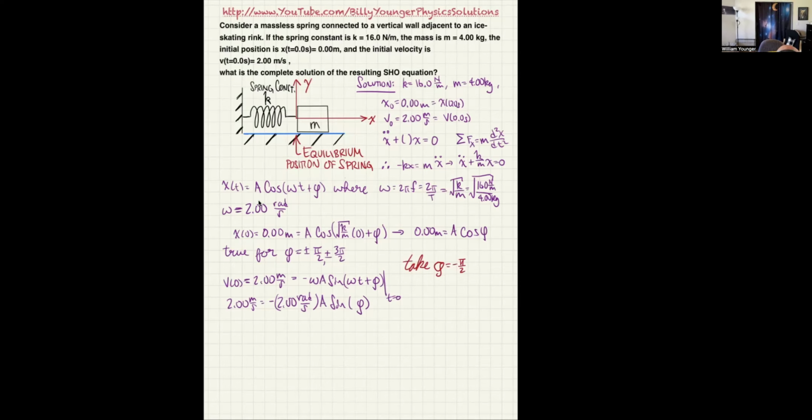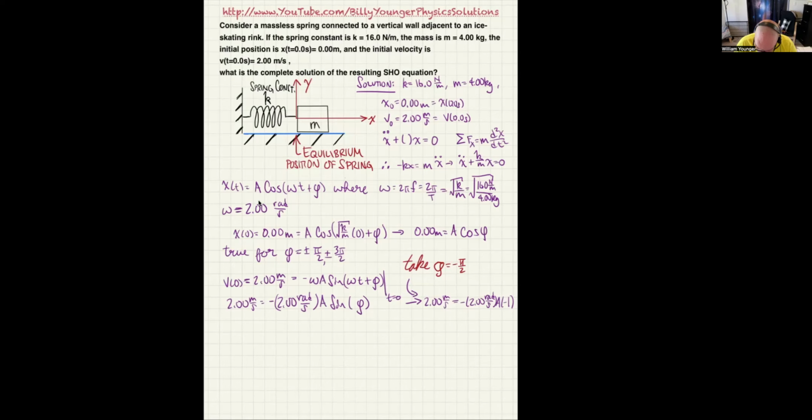Once we have that, we can say that 2.00 meters per second is equal to negative 2.00 radians per second times A times negative 1, because the sine of negative pi over 2 is negative 1.